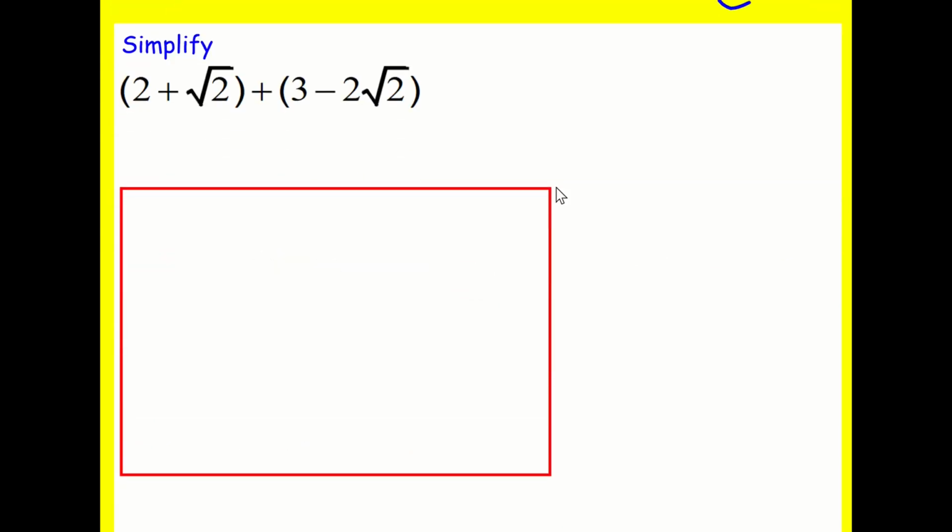Right, what about some simplifying? So we're adding some surds together or subtracting them. Well, I'm going to go through one as an example. I can actually get rid of these brackets. They sometimes make things a bit more complicated. The reason I can get rid of them is that we're adding the surd. So it becomes plus root 3 and then minus 2 root 2.